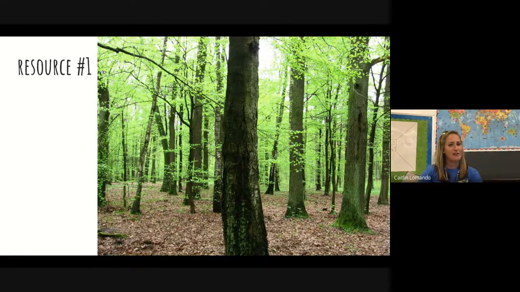Now think to yourself, what could trees be used for? Trees are a great resource that can be found in the Northeast, our region, because they can be made into paper. They can be made into wood. We can use them to make cardboard. I bet you could name hundreds of things we use this resource for.